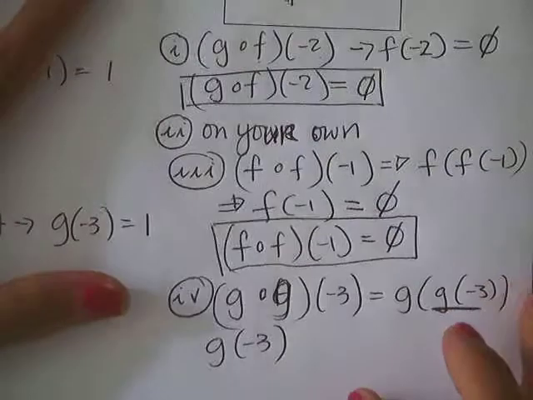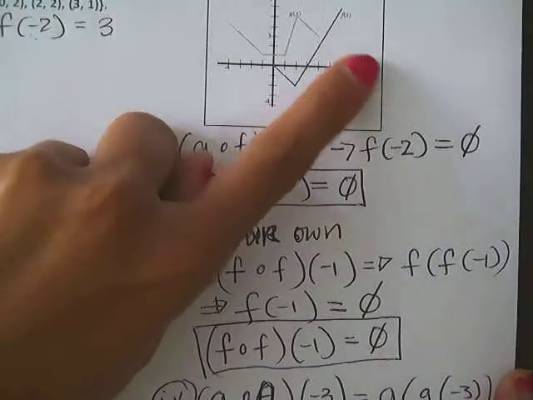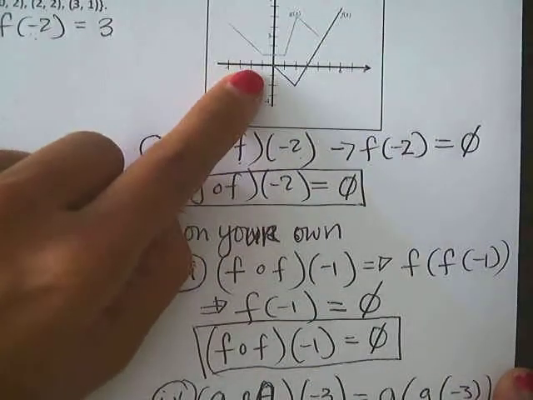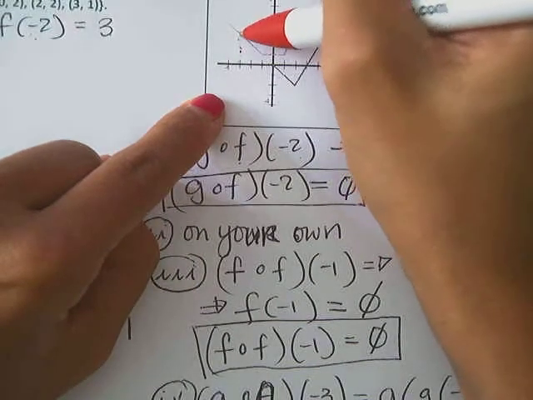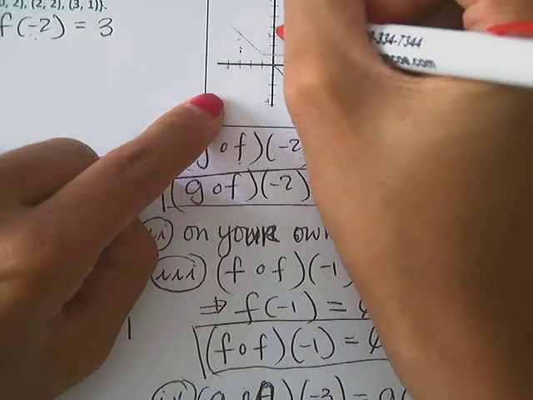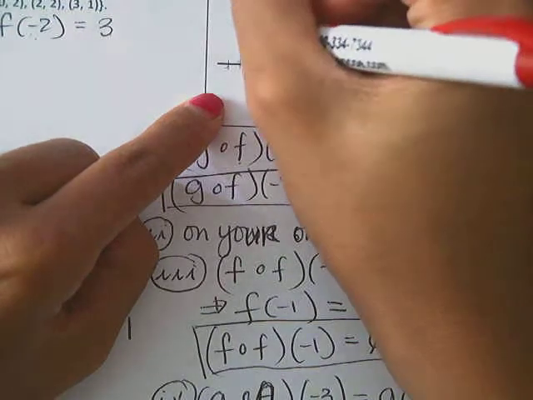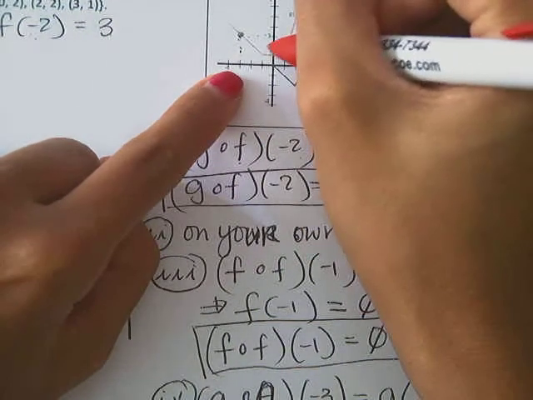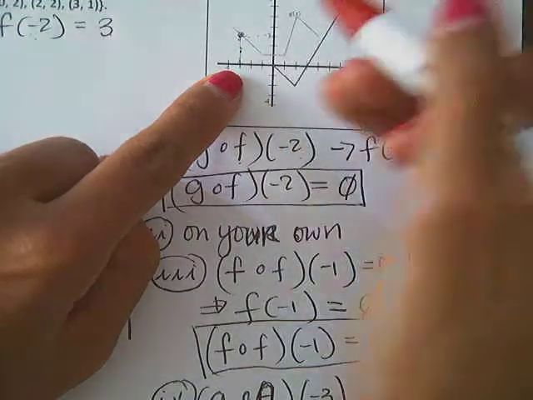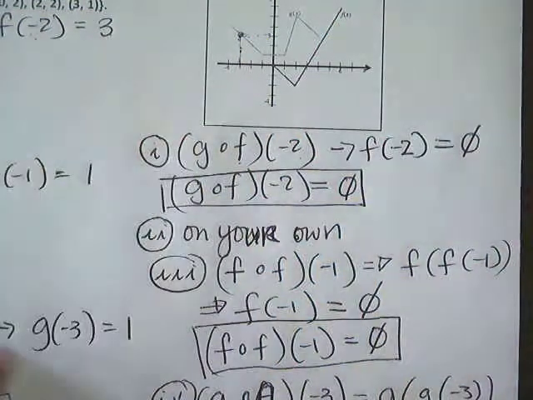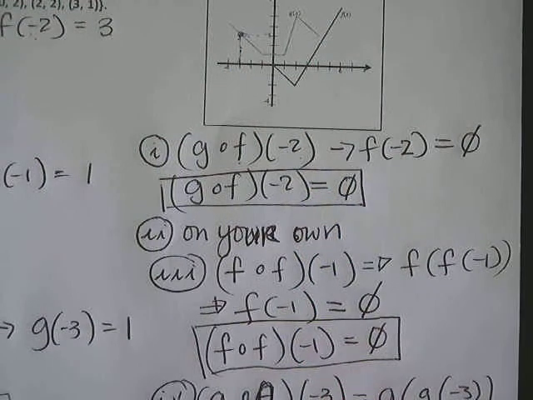So let's check out the g function, which is the lighter one in my black and white. So when x is -3, I'm going to go up. If I have to guess, the output is about 3. When the input is -3, the output is about +3.